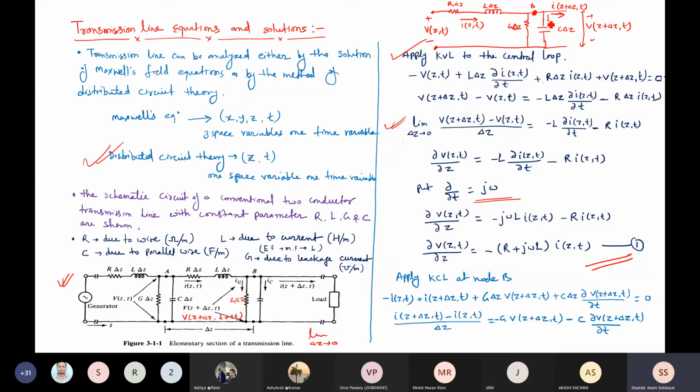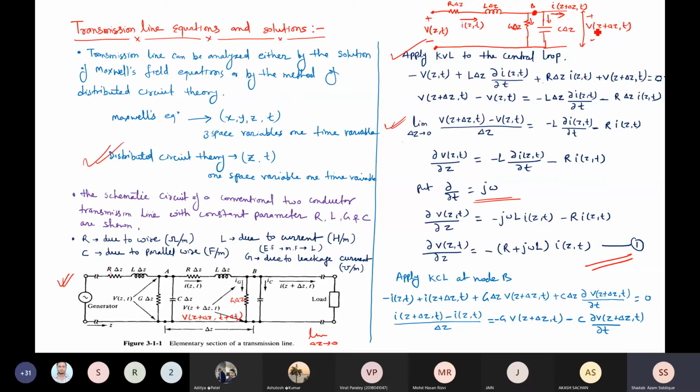So the current coming out of this node is G delta Z into V(z plus delta Z) plus delta Z into the potential at this point. The potential at this node is applied to this one also. What is the current in the capacitance? I is equal to C dV by dt.